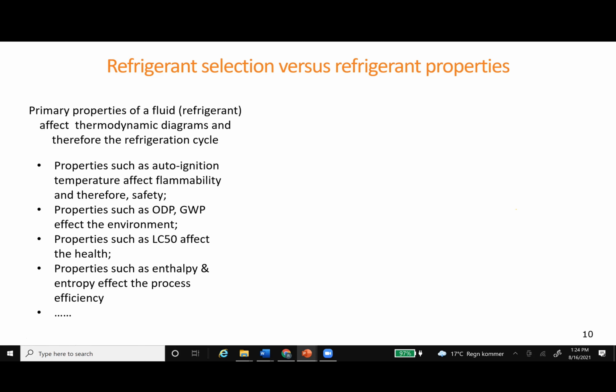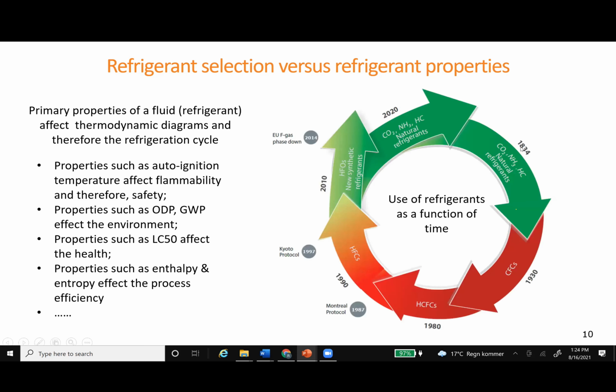And then what we see is that this cycle is very interesting. It starts from 1934 and comes all the way to 2020, or let's say 2021. And what it seems to be is that we are going in a circle.